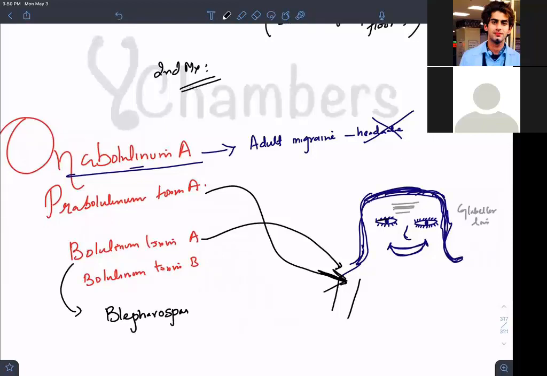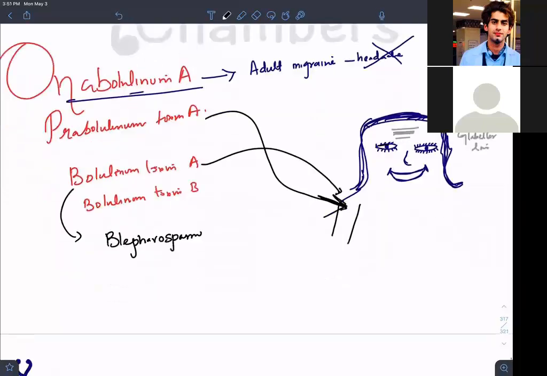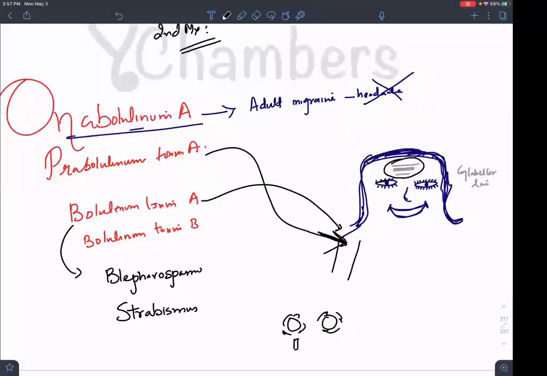To relieve that spasm, we give botulinum toxin type A. We also use it for strabismus, and in cases of cervical dystonia.